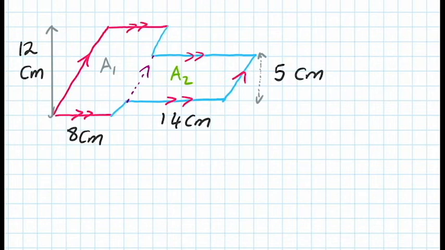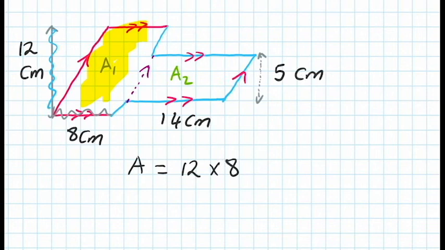So to do this, I can do it all in one go because it's easier. Area is equal to this part here, area 1. Area 1 is two perpendicular lines times together. So this line here is perpendicular to this line here, right? Which is 12 times 8. So that gives me this area here. Now I need to work out the second area, which is this one here.